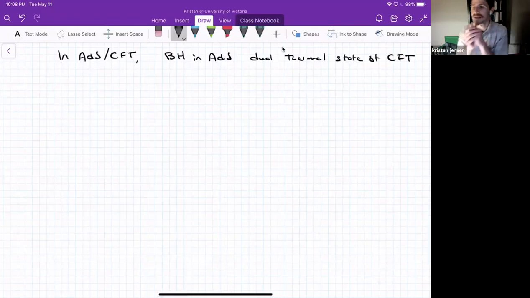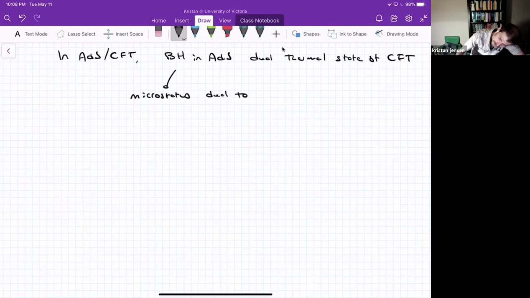And for instance, if we consider black holes in global AdS, well, those are dual to very, very heavy states in the dual CFT. So the black hole microstates in that case are dual to very heavy states in the dual CFT.